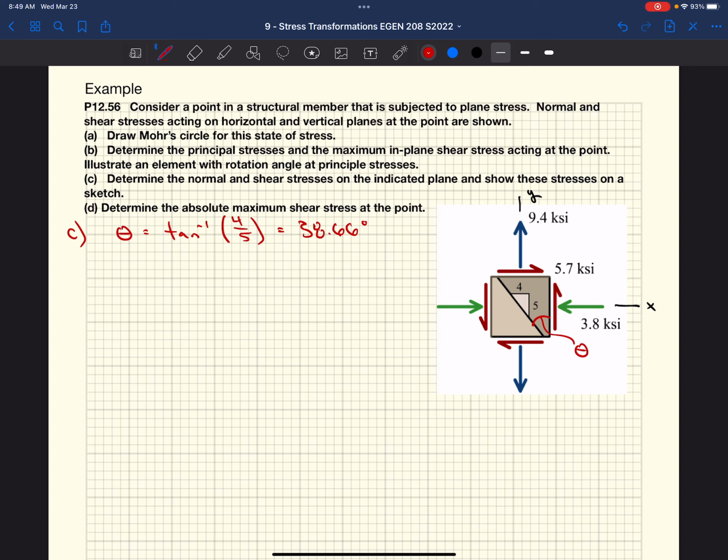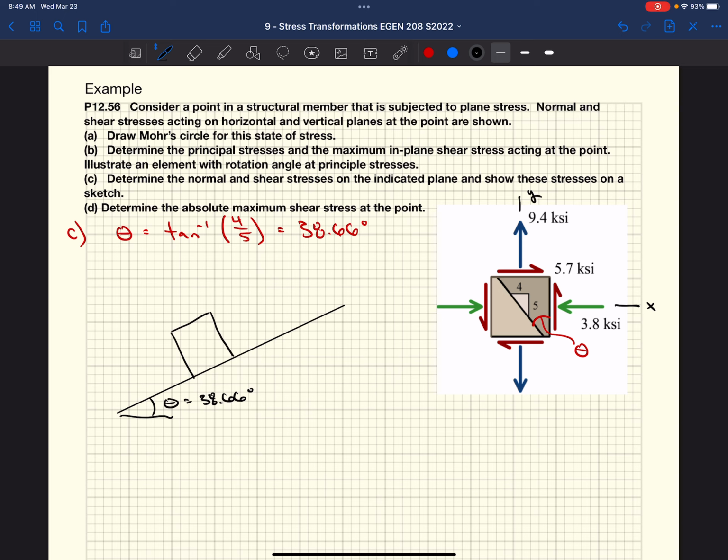So again, what are we trying to do? We're trying to take the original stress element and rotate it counterclockwise, to the left now. We're going to take that X face and pull it back 38.66 degrees. If we drew what this would look like, we take our stress element sitting there on the right-hand side and lean it back 38.66 degrees.